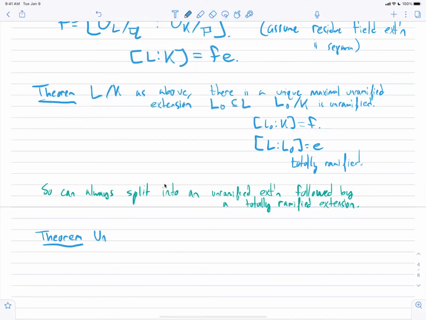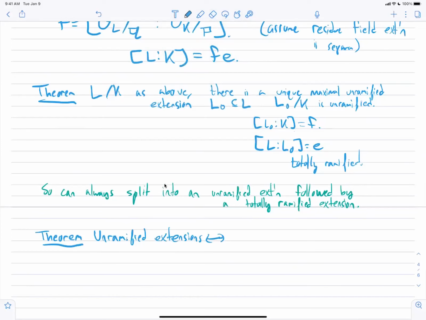Unramified extensions are going to be in bijection, suitably interpreted. Maybe the best way is to fix some algebraically closed field to work in, but let me not worry about that. I'm going to be vague and interpret it. Maybe it's an exercise to interpret this less vaguely.